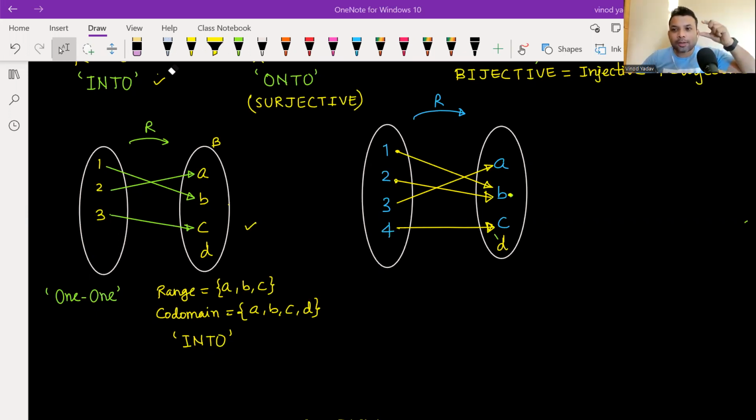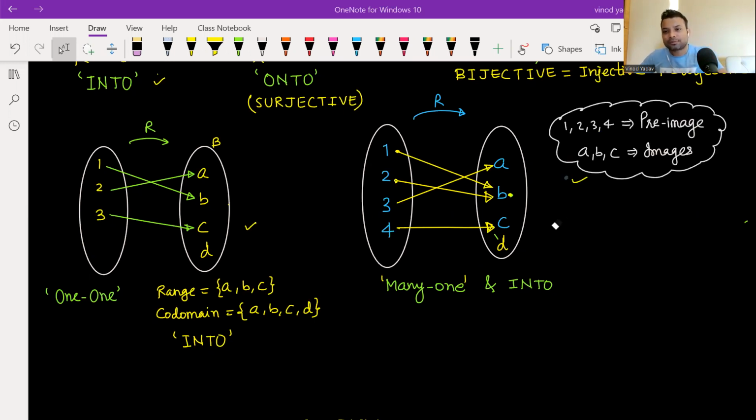More than one element of the domain are having only one image in the codomain. So this will be called many to one. And of course, the codomain has one element extra than the range. So the range is a proper subset of the codomain. So it's an into relation. So I can club both and call it a many to one and into relation.